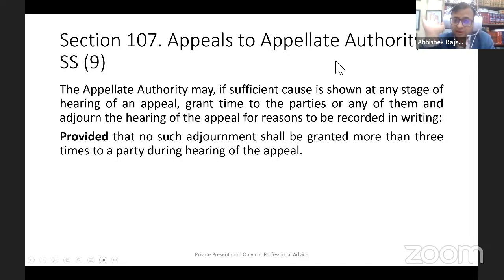Trust me, friends, I in person do not agree with this line. It's my personal opinion that if there are genuine reasons, then fourth, fifth, sixth, even 10th adjournment should be provided.